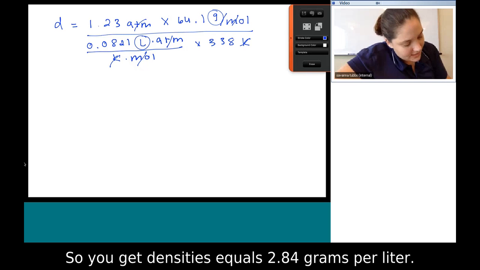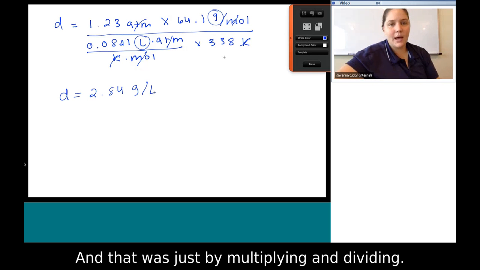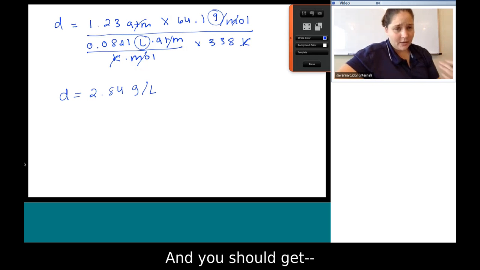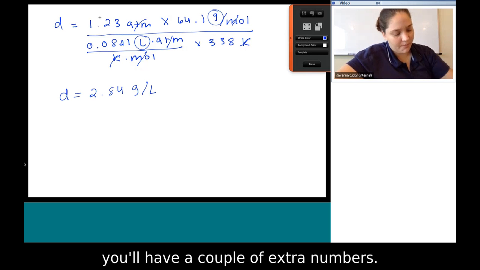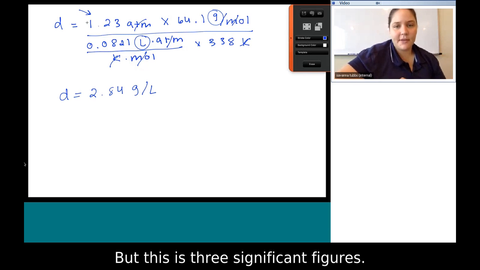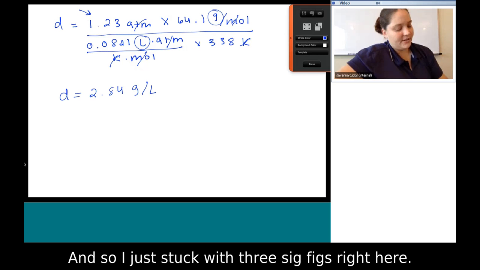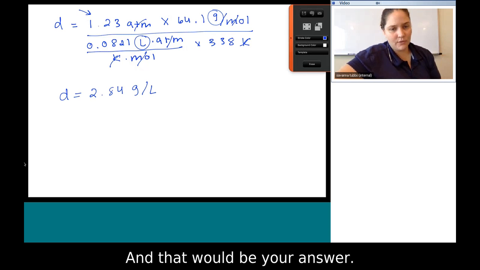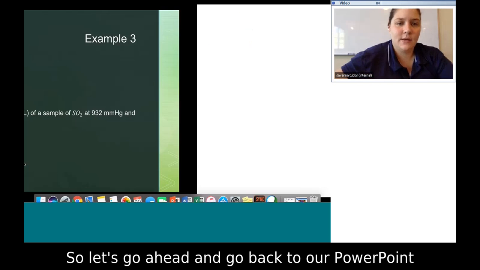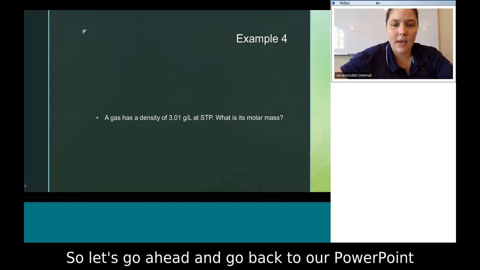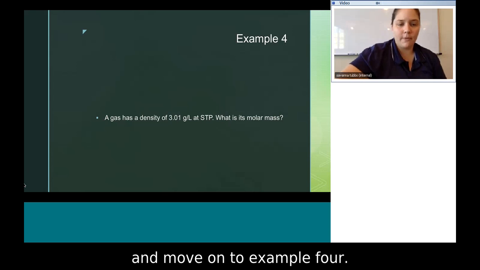So you get a density equals 2.84 grams per liter, and that was just by multiplying and dividing. You'll have a couple of extra numbers, but this is 3 significant figures. It's the smallest amount of sig figs, and so I just stuck with 3 sig figs right here, and that would be your answer. So let's go ahead and go back to our PowerPoint and move on to example 4.